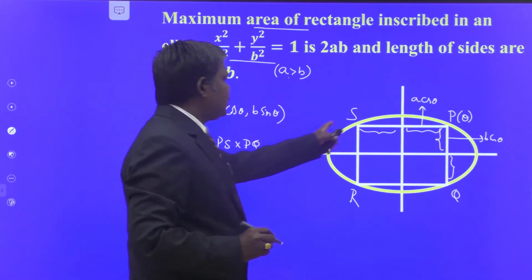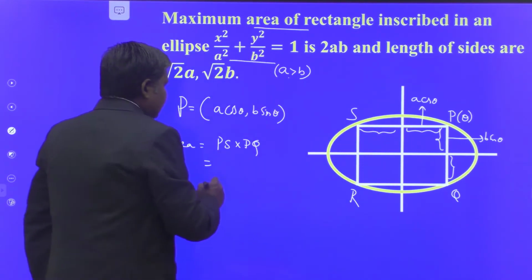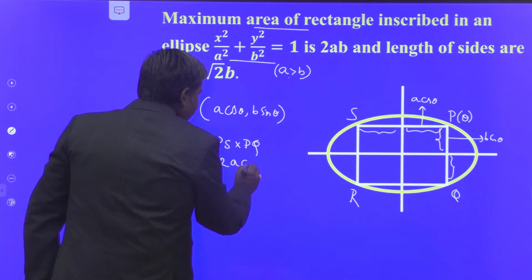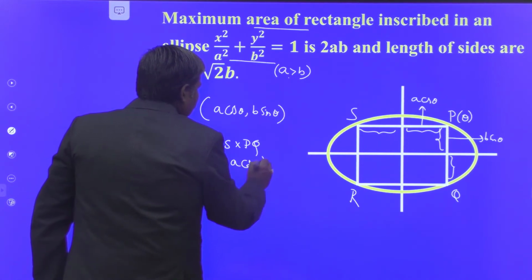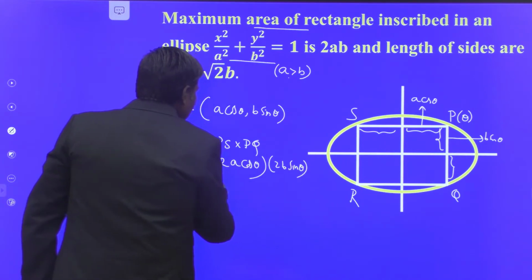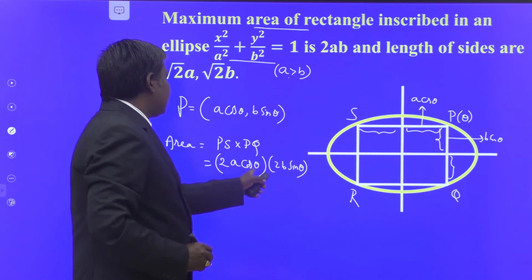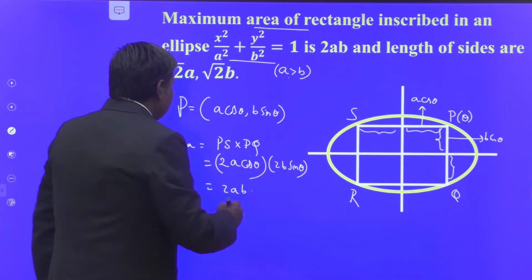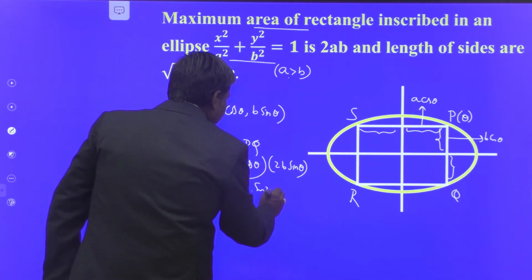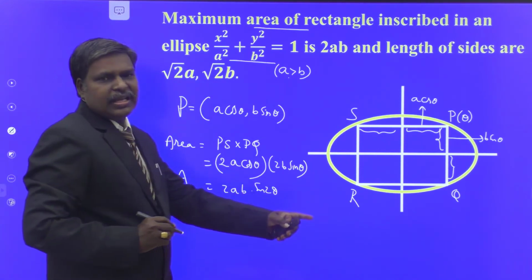What is the distance PS? a cos theta plus a cos theta, that is 2a cos theta, into 2b sin theta. So 2ab into 2 sin theta cos theta. It is nothing but sin 2 theta. So area A is equal to 2ab sin 2 theta.